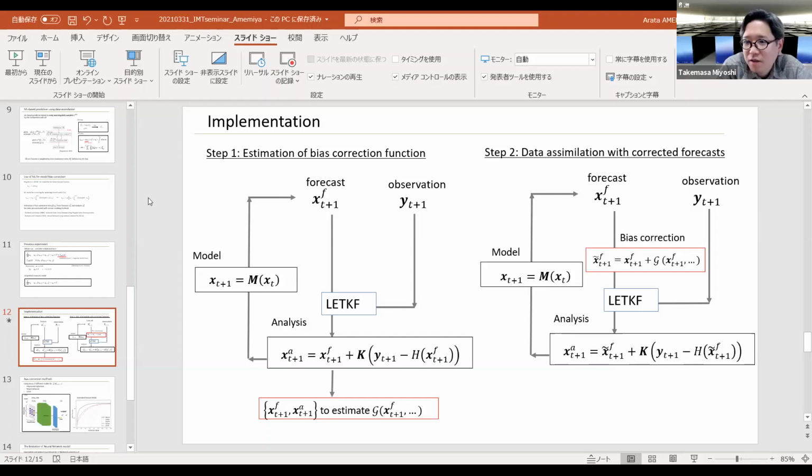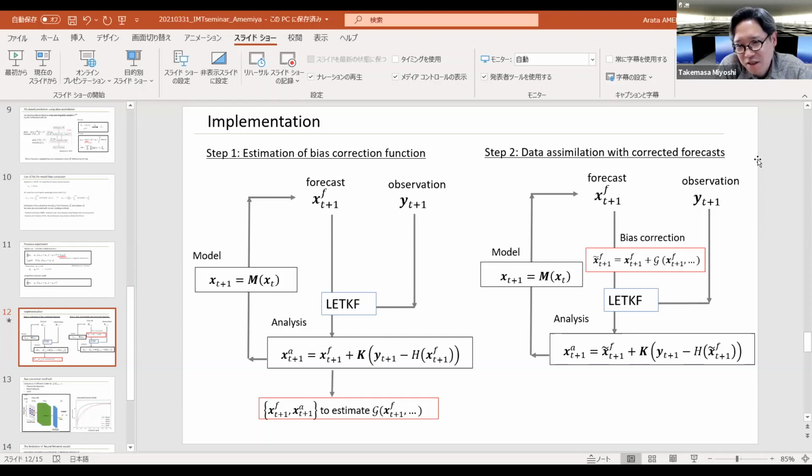Are there any other questions or comments? Yeah, to follow up Pierre's comment about applying the bias correction to each ensemble member, in principle, I think if we have XF, then we can estimate the bias based on the XF.